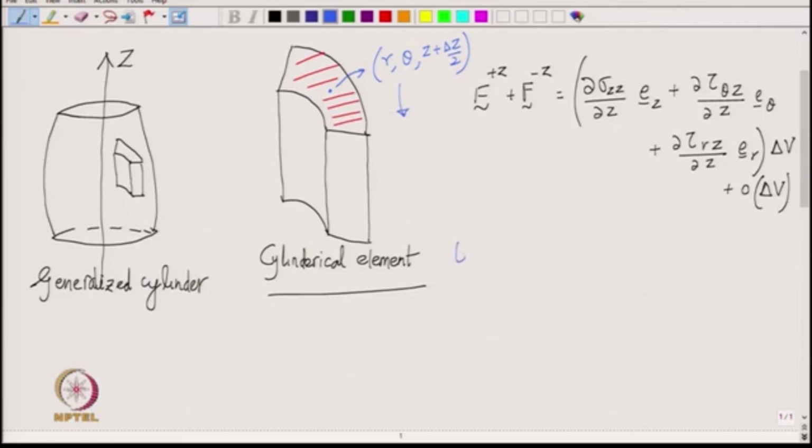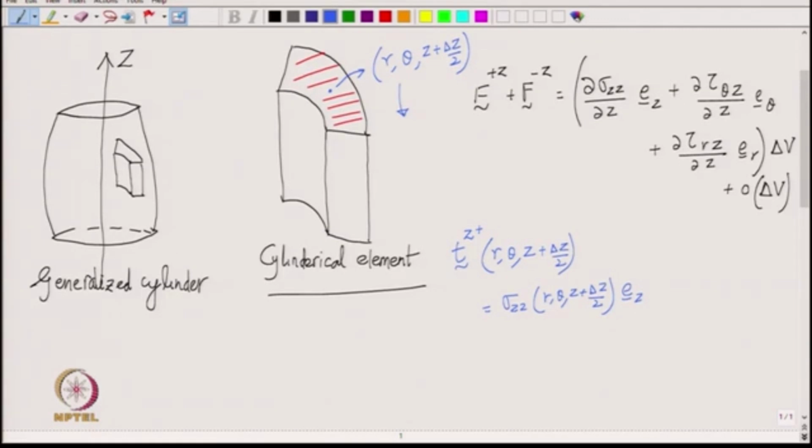So, if I write here T on z plus, but at the center r theta z plus delta z by 2, that is simply sigma z z at r, theta, comma, z plus delta z by 2 into E z, and you see the E z would be what it is at the center, because which coordinate has changed here? It is only the z coordinate which has changed. Z has changed to z plus delta z by 2.